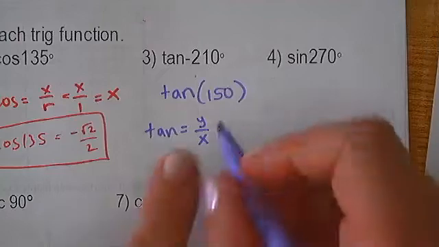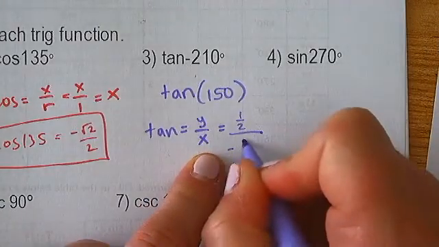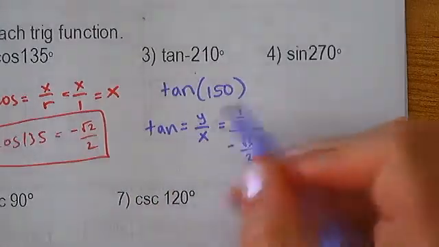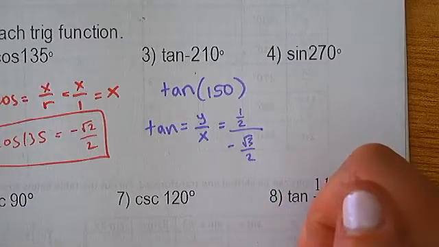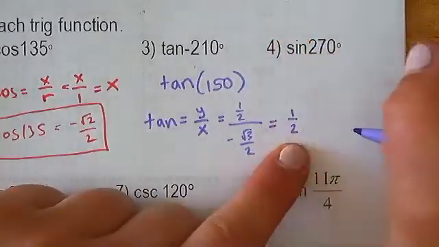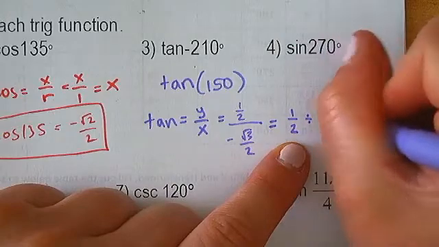Okay? So we're going to do 1/2, that's the y, divided by negative √3 over 2. That's the x. I hate seeing this like quadruple, triple fraction, whatever you want to call it. So I'm going to rewrite this as the numerator divided by the denominator. That's a good little trick.